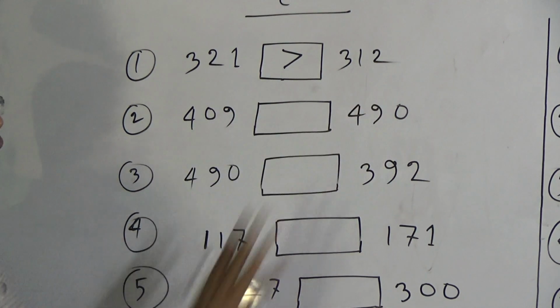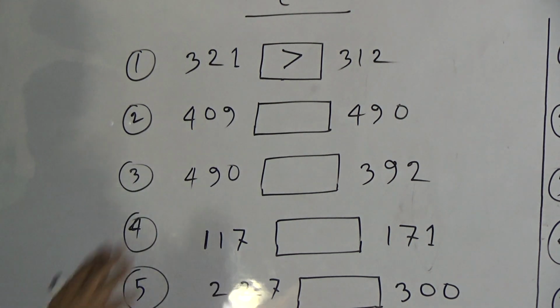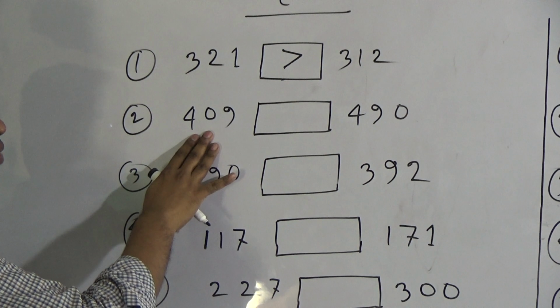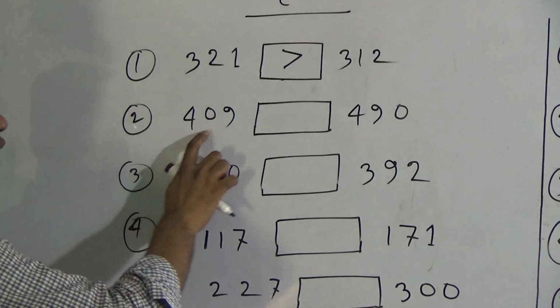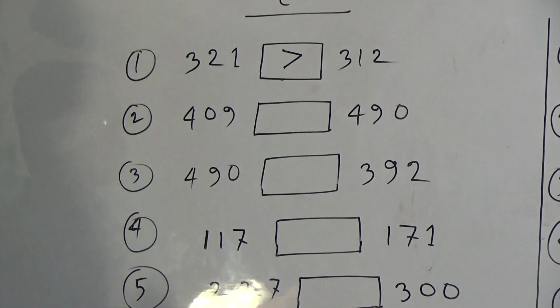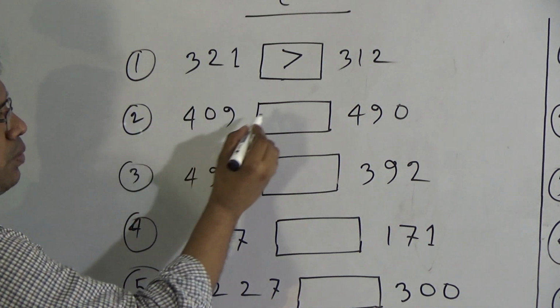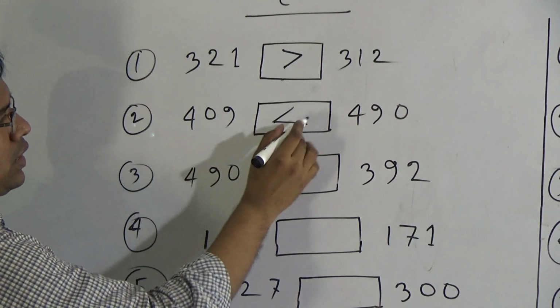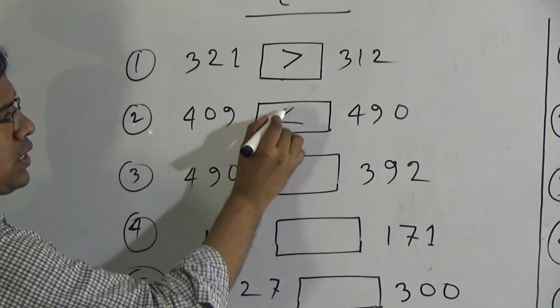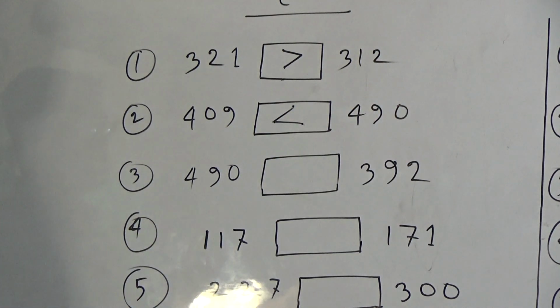That means 490 will be greater and 409 will be smaller. So 409 is smaller than 490. Since the left side number is smaller, 1 dot will come in the left side, and since the right side number is greater, 2 dots will come in the right side.